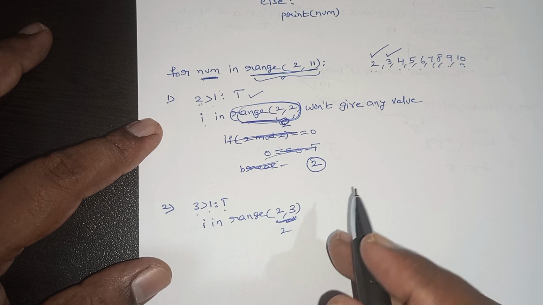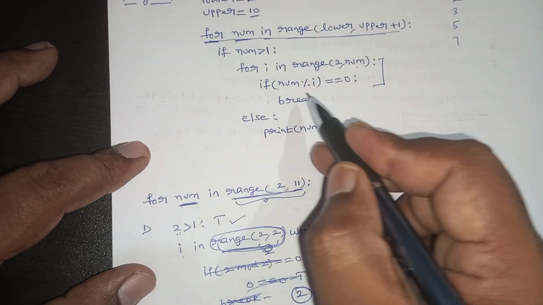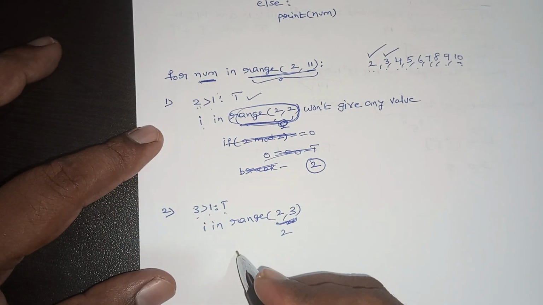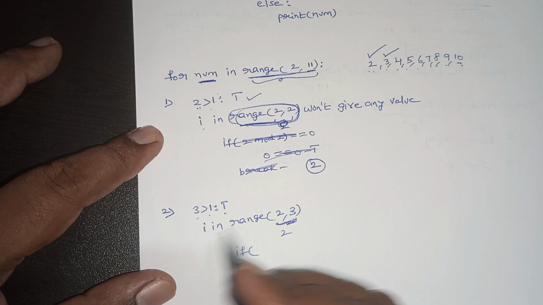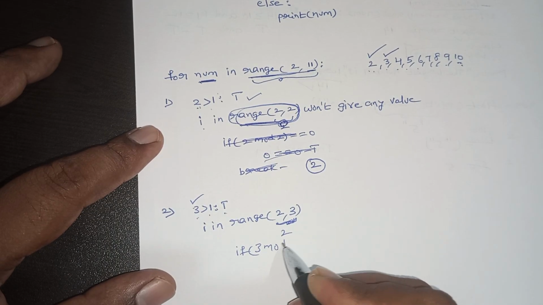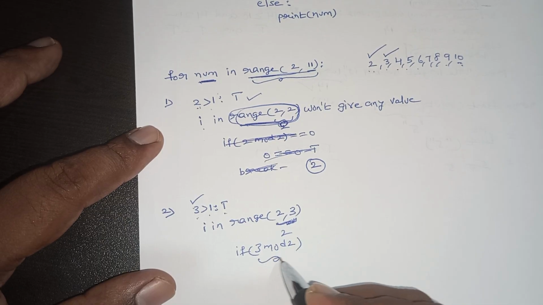Then what will happen? You come to this place. I am writing here, if num, 3 modulus 2, what will be the output?